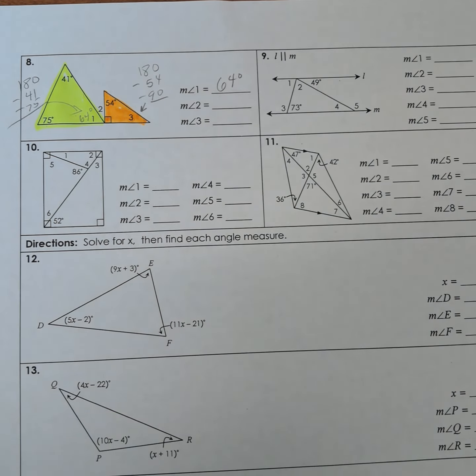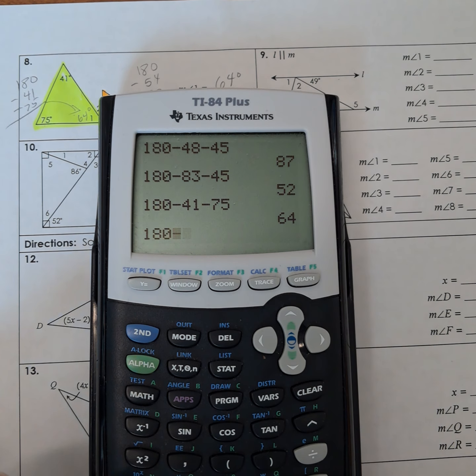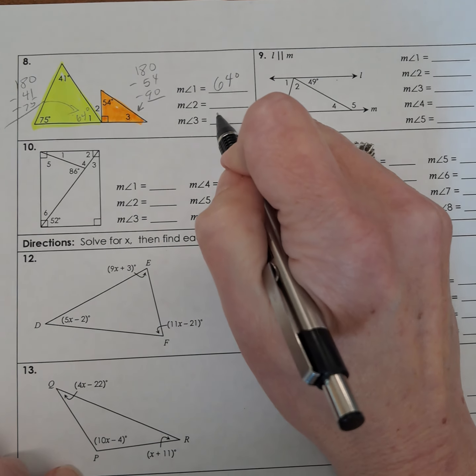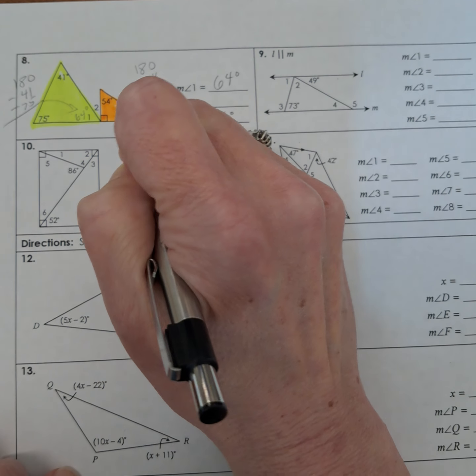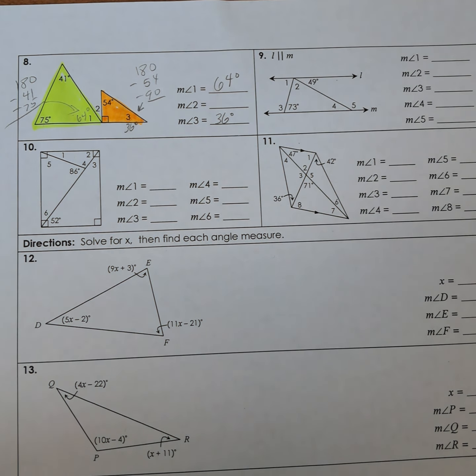That's going to get me angle 3. So 180 minus 54 minus 90 is 36. So angle 3 is 36 degrees.